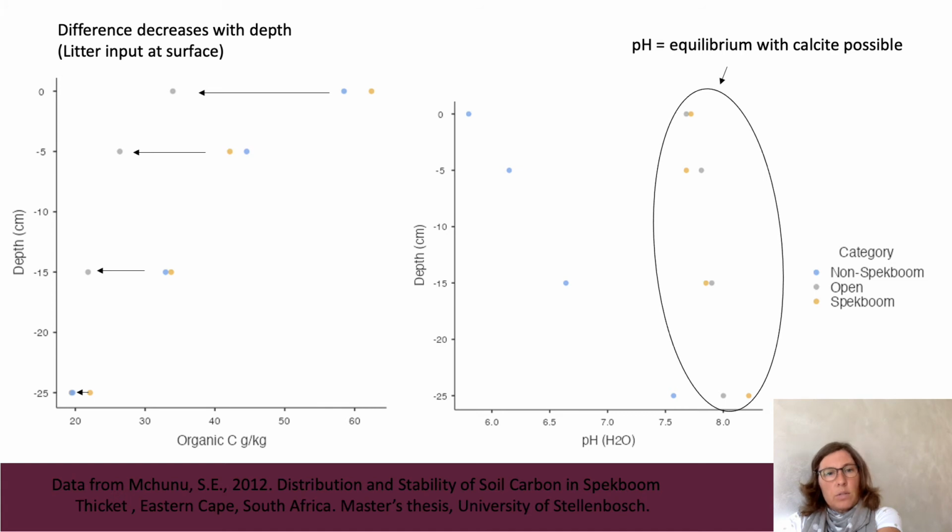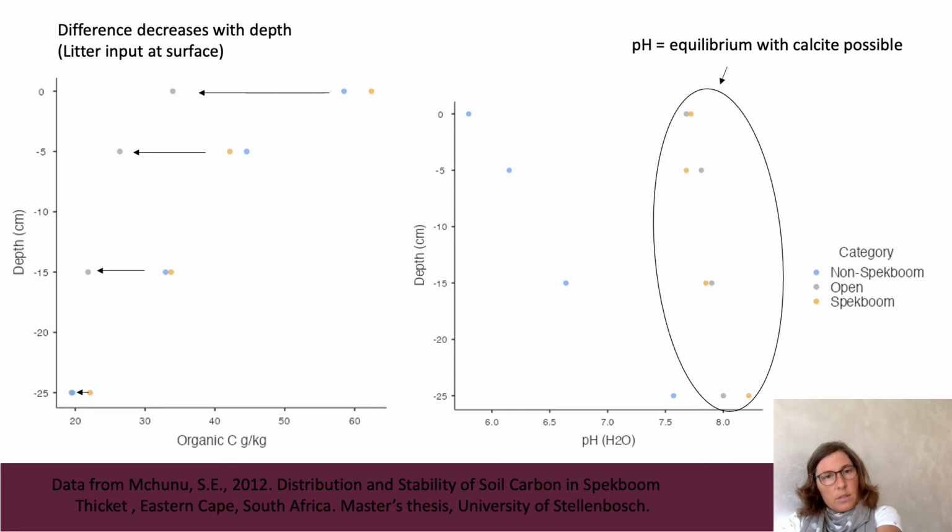Let me talk you through these graphs quickly. The one on the left shows depth going down into the soil against the organic carbon. The categories: blue is thicket, non-Spekboom thicket, grey is the cleared areas, which were presumed to be thicket, and yellow are the Spekboom, in the Spekboom thicket.